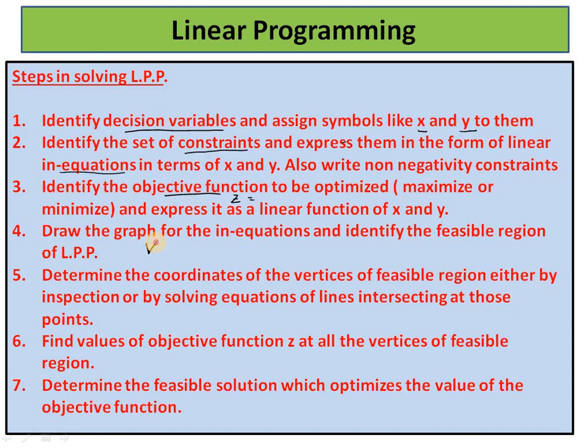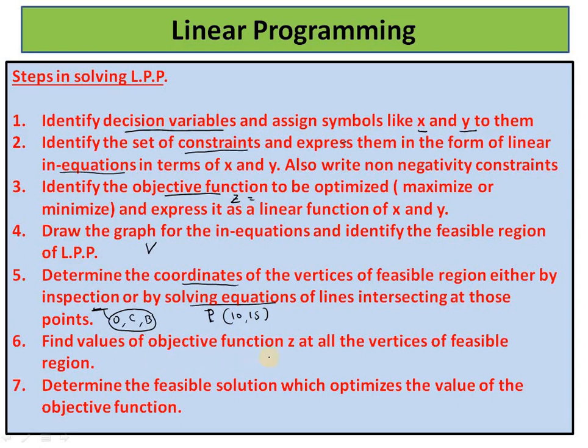Then we drew the graphs. Then we determined the coordinates of the vertices, either by inspection or by solving the equations. By inspection we directly got O, C and B. For finding P we solved the equations and got 10, 15.